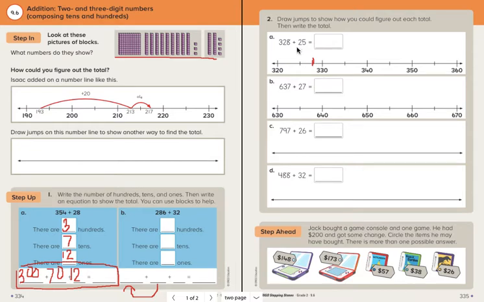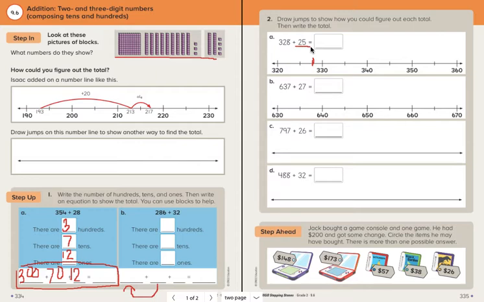And then you can take your jumps of 25. Maybe you want to take your jumps of 10 and then your ones. So a jump of 20 and then a jump of 5. Maybe you want to break up the jumps and take 2 jumps of 10 and then a jump of 5. Maybe you want to take a jump of 20 and then 5 jumps of 1.